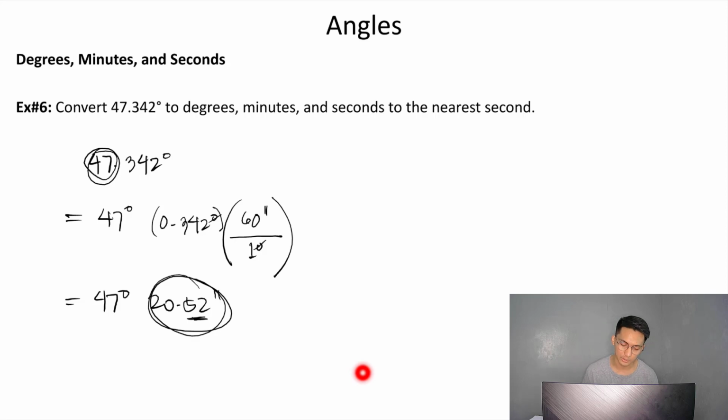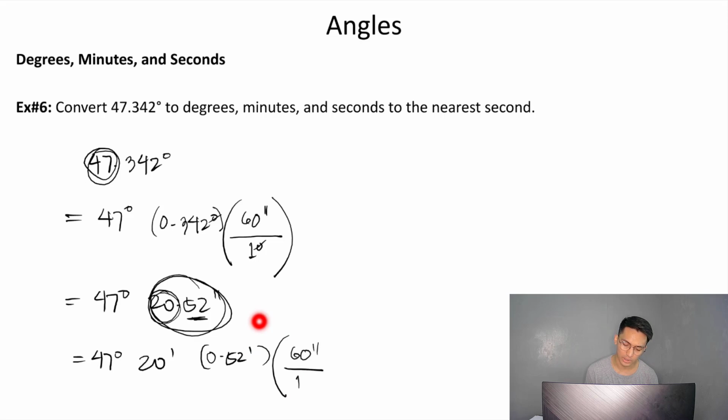Okay, yung minute na unit. So, we have 47 degrees. Itira natin itong 20 as a whole number, 20 minutes, and yung 0.52 na sobra, i-convert natin into seconds. We have 0.52 minutes multiply to 60 seconds over 1 minute. So, cancel yan, cancel yan.